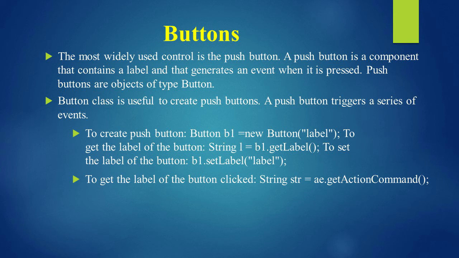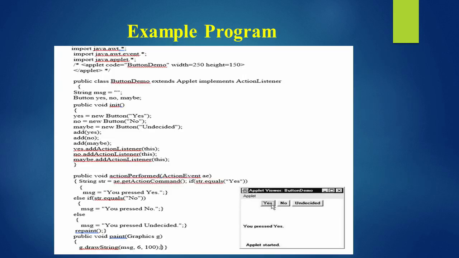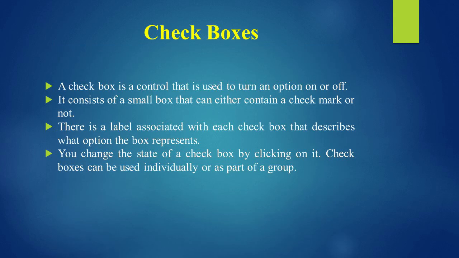To set the label of the button, we have to call b1.setLabel, and the name is enclosed within the parentheses and again within double quotes. To get the label of the button clicked, String str = ae.getActionCommand() must be called. A simple example program for adding the button.